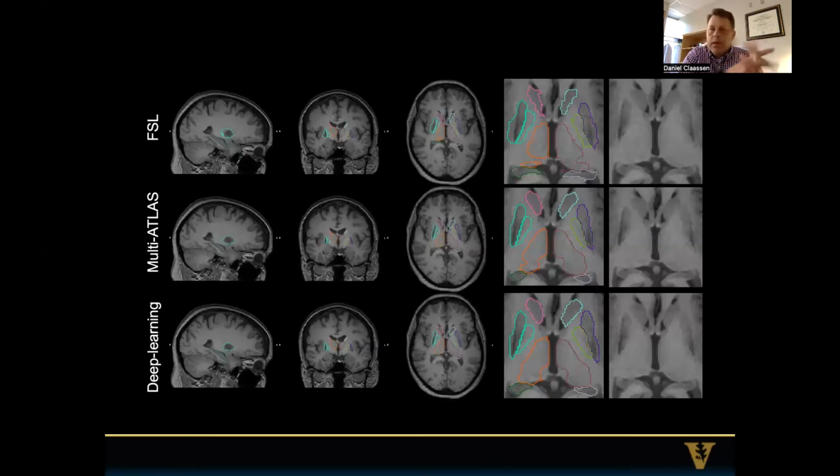So we took 20 people who didn't have MSA or a neurologic disease, and we scanned their brains with a 7 Tesla scan to get very, very high resolution pictures. And we drew the structures of the subcortex in those people. We were able to take that map and apply it to patients with MSA, and you can see we do a little better job. The putamen here isn't jutting out as much as over here, and we do a little better at capturing some of the thalamus and other areas.